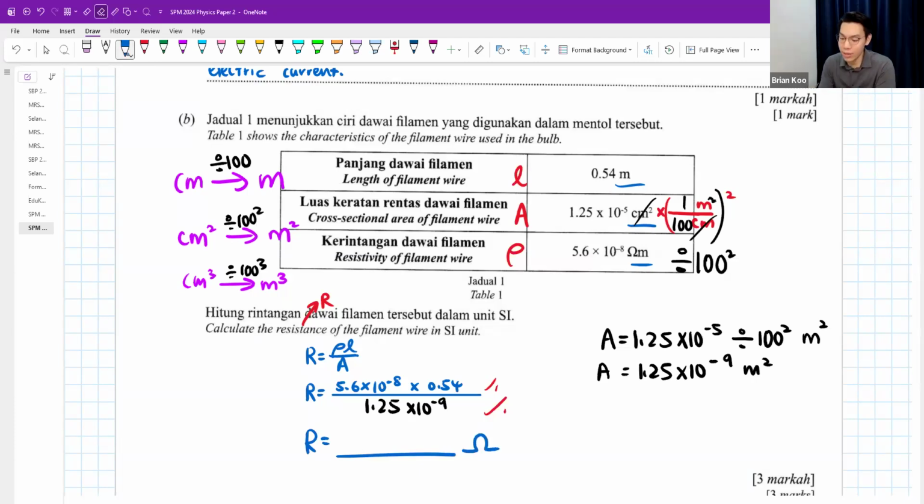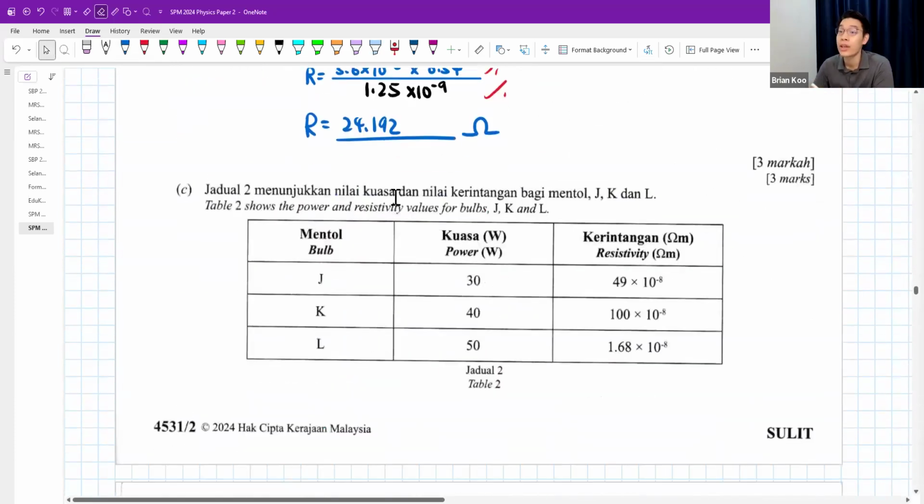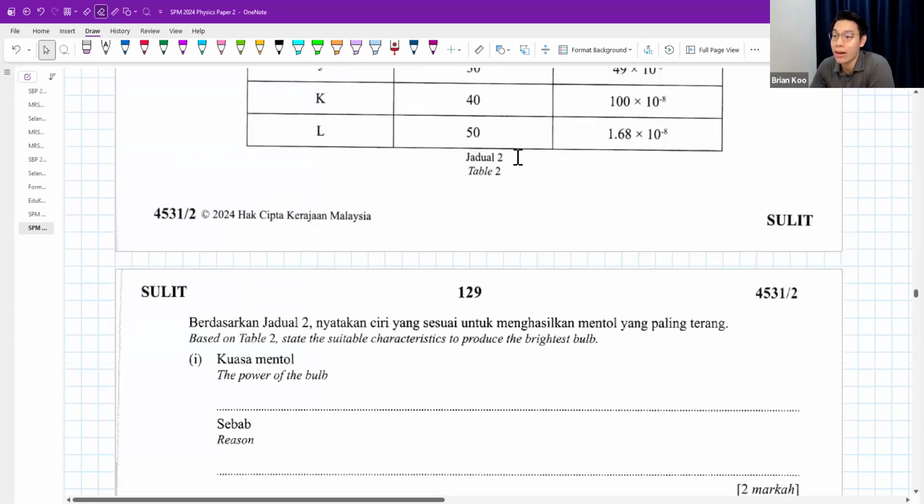Everything SI unit, final answer also the same, SI unit. The answer is 24.192 ohms.